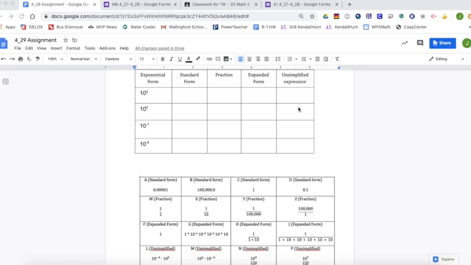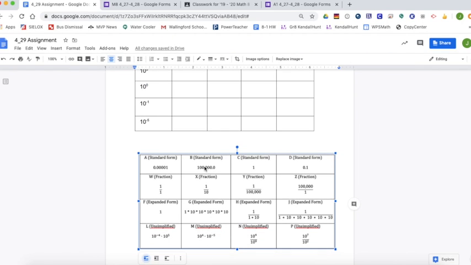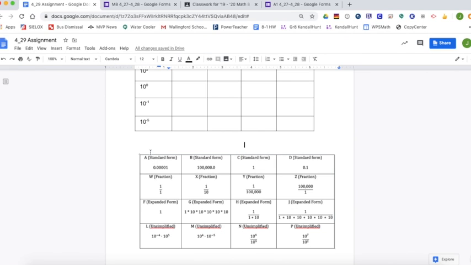So we'll do the first one for you, and then you can see how it's done. For the exponential form of 10 to the 5th, exponential form is given. Standard form of 10 to the 5th is really 10 times 10 times 10 times 10 times 10, which would end up being, let's see, if I look at standard form, all the standard form ones are the first row.